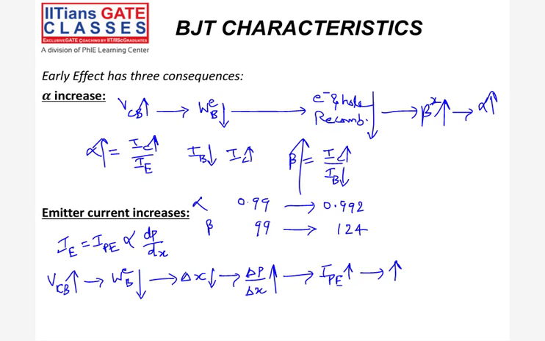So the emitter and collector junctions are called interactive junctions. These are not independent junctions. Emitter junction and collector junction both are not independent. If we change something in one junction, there will be an effect on the other junction, current and all.